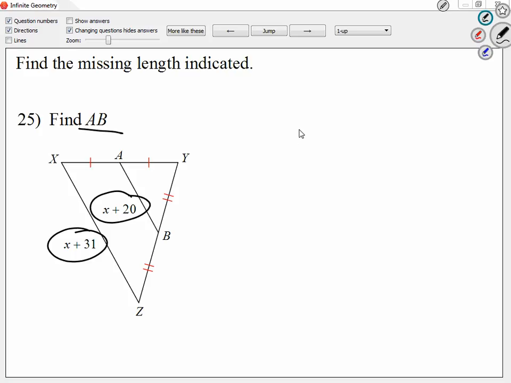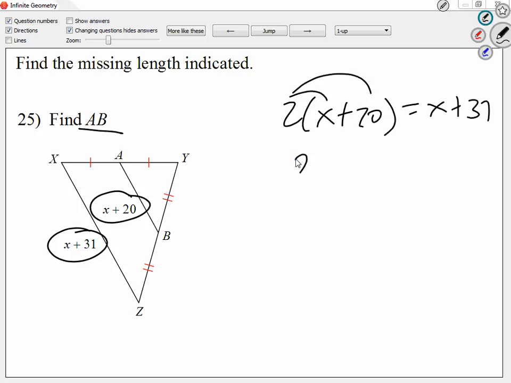So I'm going to go 2 times x plus 20, right? 2 times the little one equals the big. Multiply the little one by 2, and then it is equal to the big. So distribute the 2 to the inside. So we have 2x plus 40 is equal to x plus 31.